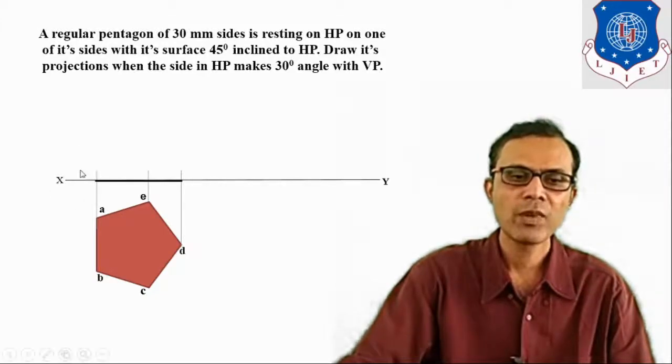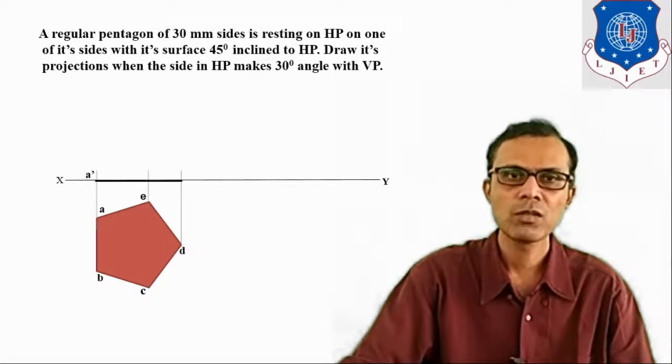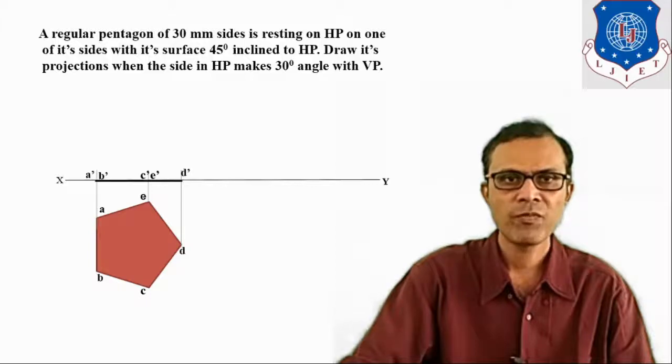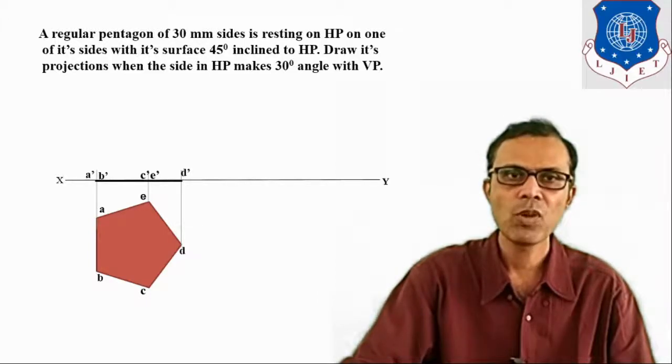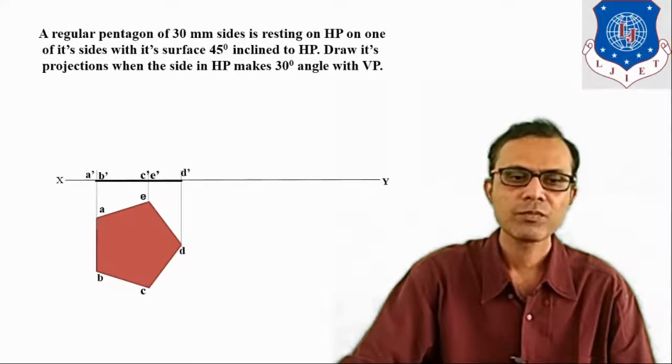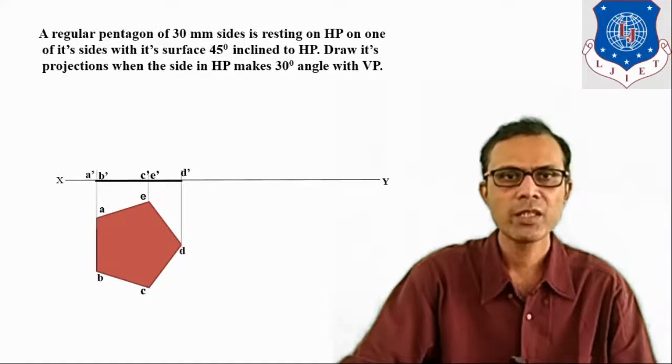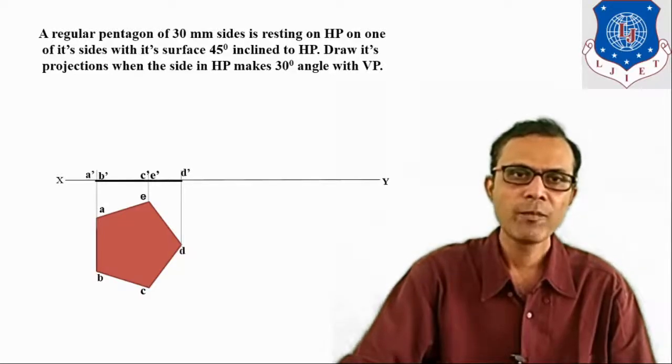So it is front view. Now mark a dash, b dash, c dash, e dash and d dash. We know that always front view notations are given by small letter with dash, and top view notations are given by small letters without dash. So it is first stage top view and front view.